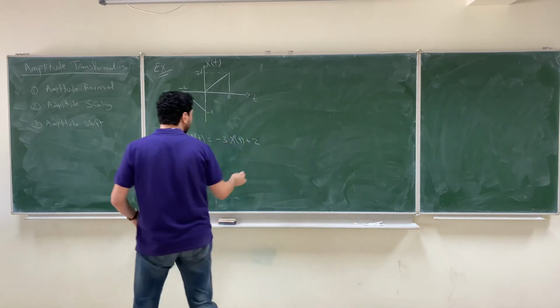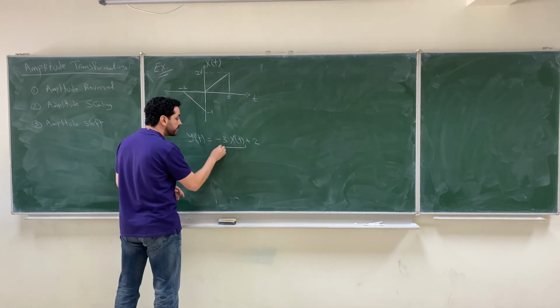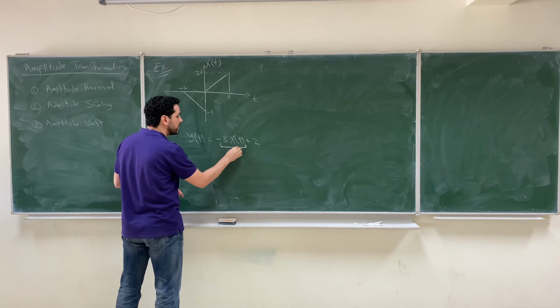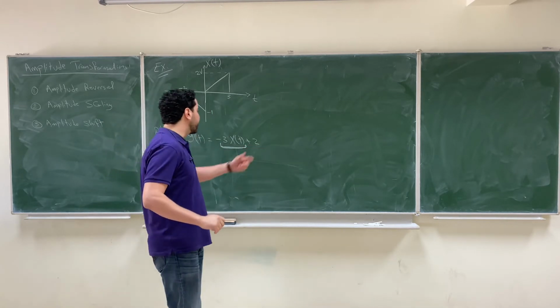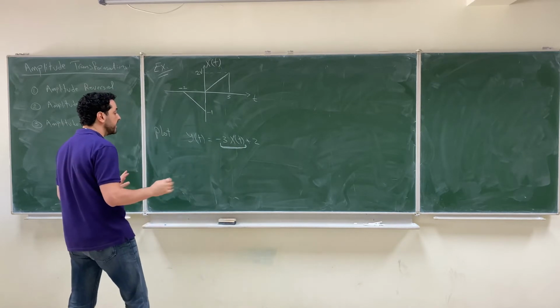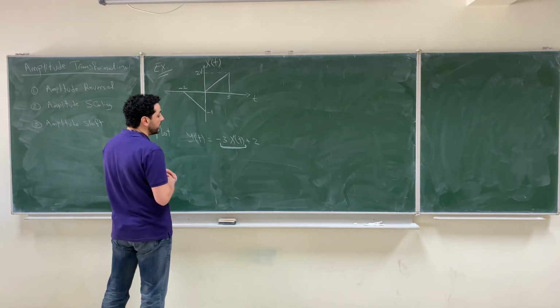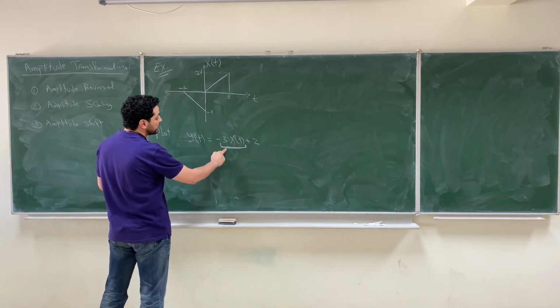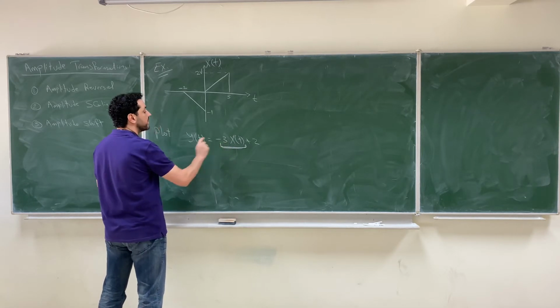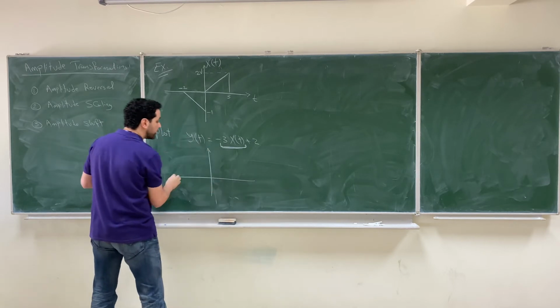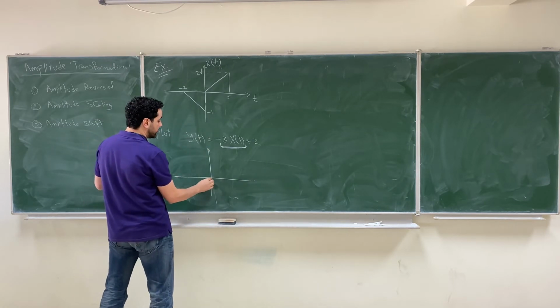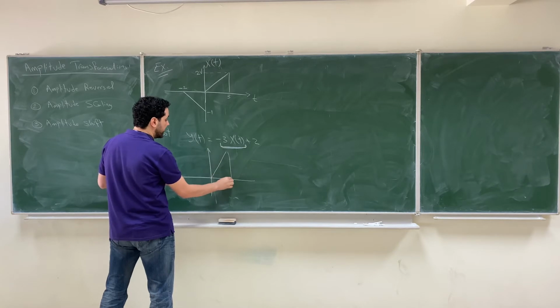In order to do that, usually we start with the multiplication, we finish it, and then we add the constant. This is the easiest way to do that. So the first step, we multiply x of t by 3, and then we multiply by negative. When we multiply x of t by 3, the amplitude will be amplified.